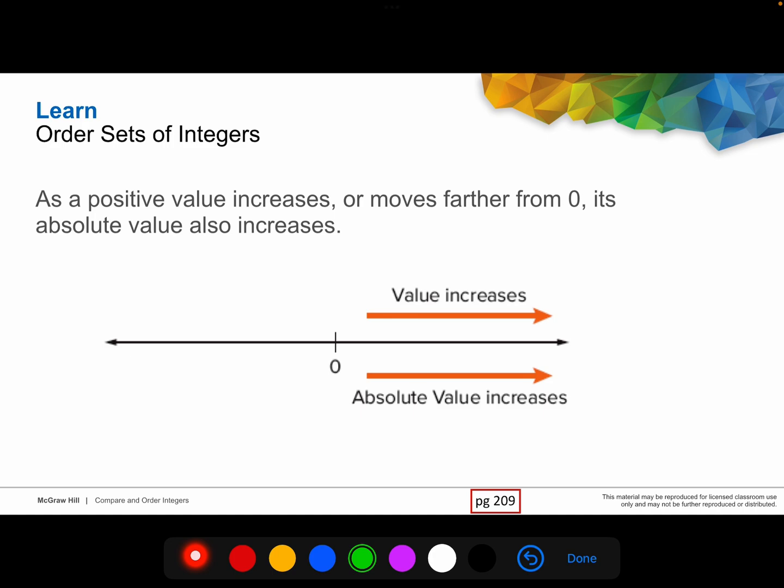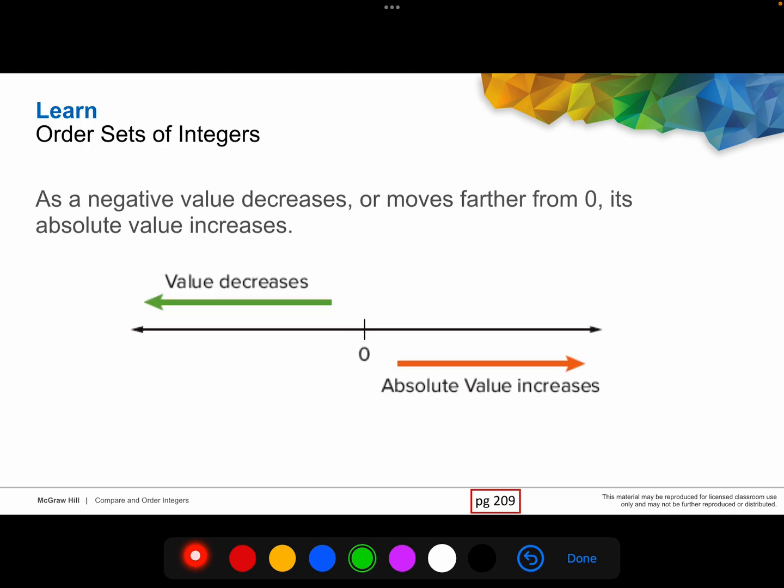So as a positive value increases or moves farther from 0, its absolute value also increases. As a negative value decreases, because remember, negative values are decreasing or moving farther away from 0, and because it moves farther away from 0, its absolute value increases.